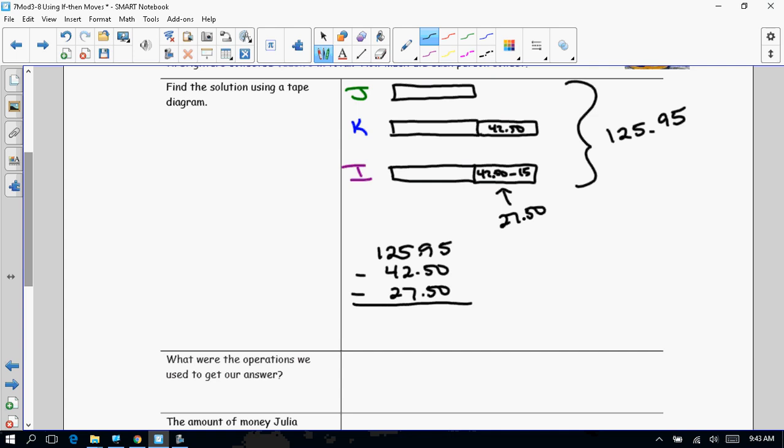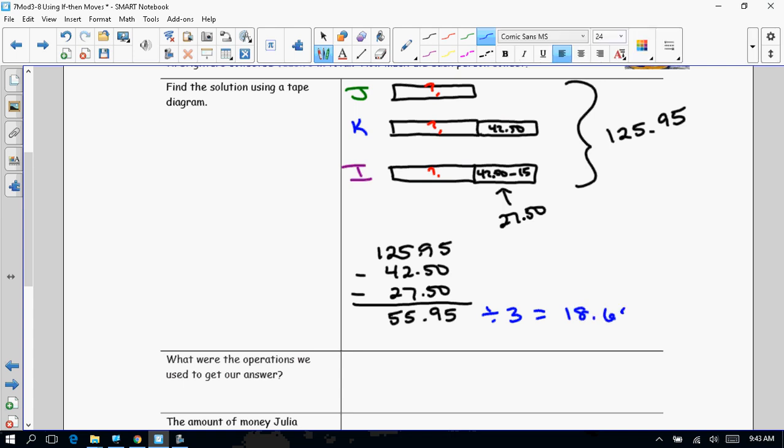When I figure this out, I find that that is $55.95. That is the 3 spots that I don't know. So between those 3 spots, I have $55.95. Now I'm going to divide it by 3. I grab my calculator, type in $55.95 divided by 3, and I find out that it's $18.65.